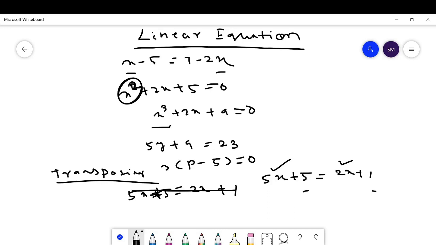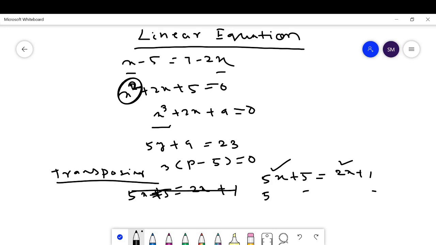Always bring the variables to the left side and the constants to the right side. When you transfer a constant or a variable from left to right or right to left, the sign will change. Positive becomes negative, negative becomes positive, product becomes division, division becomes product. This method is called the transposing method.